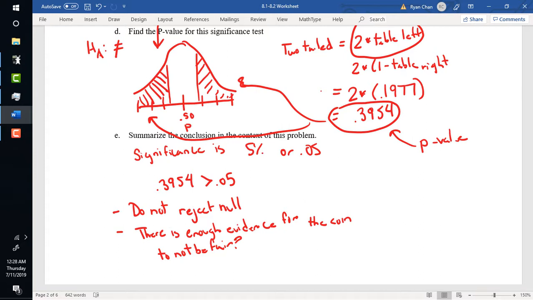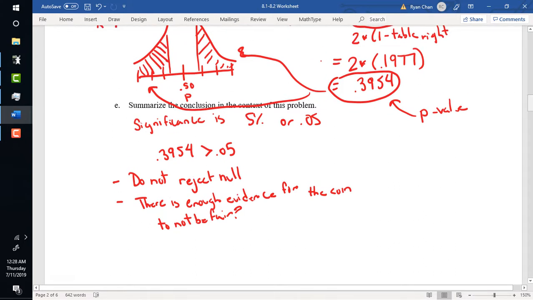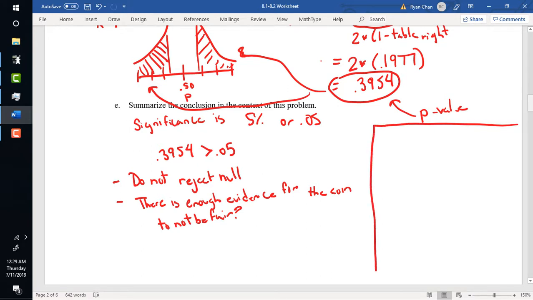Now, let me also talk about this. Some of you are probably really thrown off by the whole shading part. The idea is, if you remember all the way back in chapter 6, if your alternate is less than, that means your area goes to the left, so your percentage is your table.